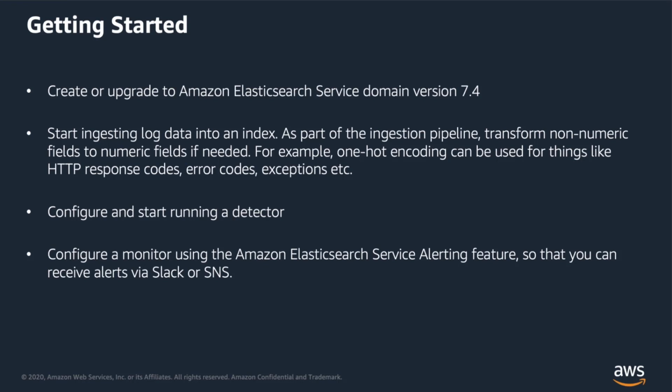And once the detector reaches a running state, you can also configure when and how you want to receive alerts. The anomaly detection feature integrates with the alerting feature of Amazon Elasticsearch service, so you can receive alerts via Amazon SNS, Chime, Slack, or a custom webhook.